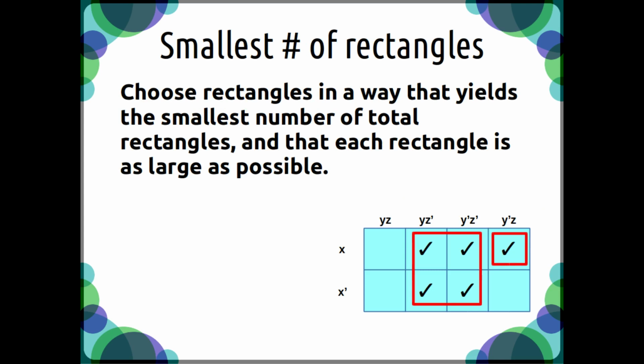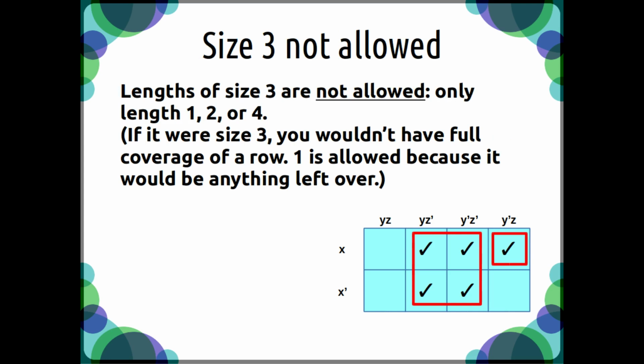Another rule is that you should choose rectangles in a way that yields the smallest number of total rectangles, so that each rectangle is as large as possible. Also, lengths of size 3 are not allowed. Only lengths of 1, 2, or 4.